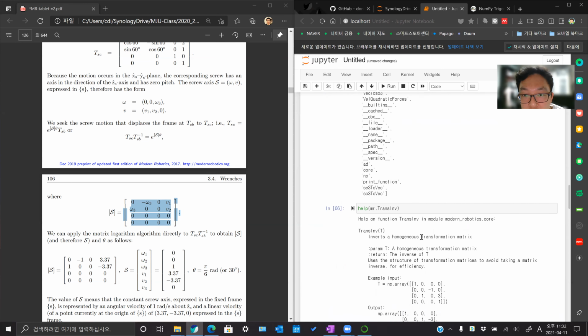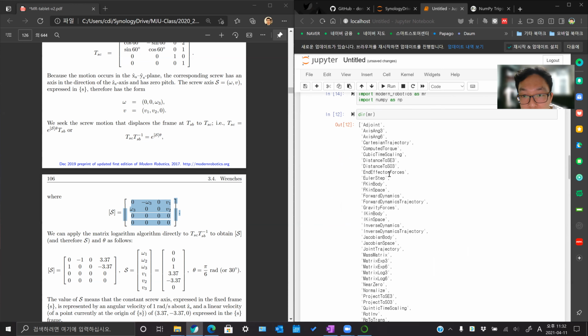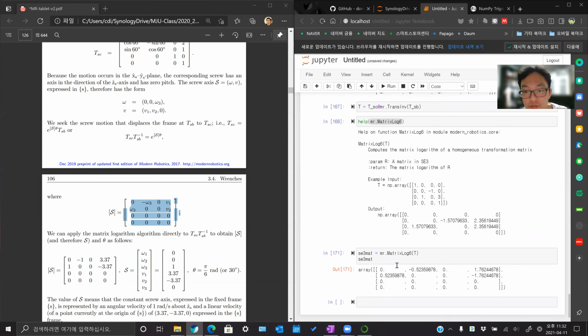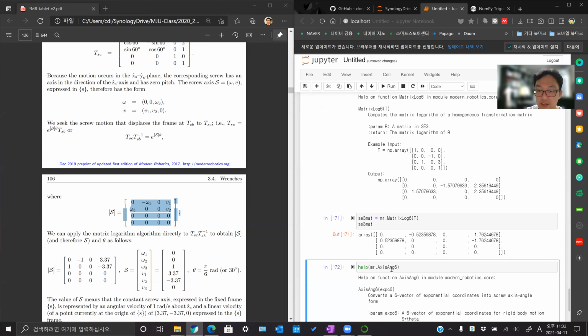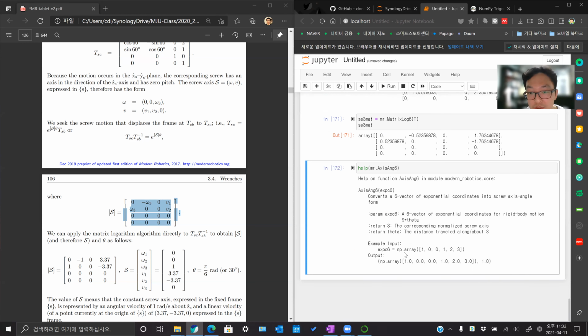In that case, we can use the AxisAng6. Using this function, we can decouple the screw axis and the size. 6 vector form, using 6 vector form. Yeah.